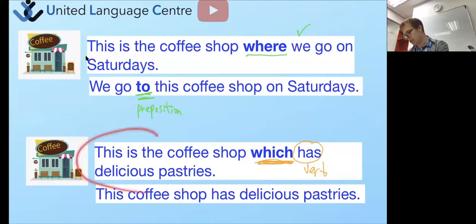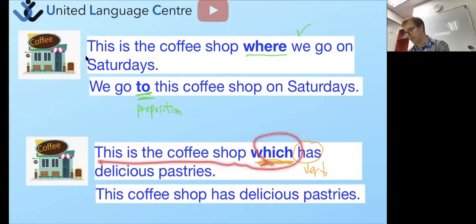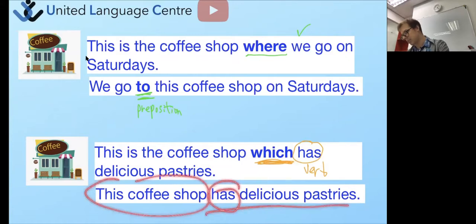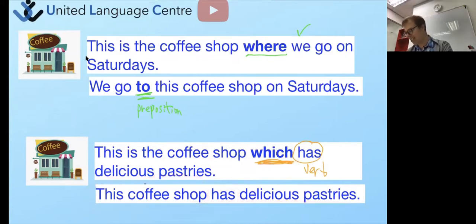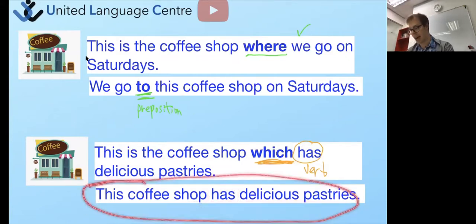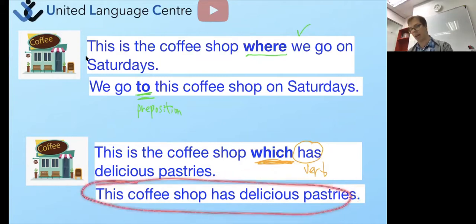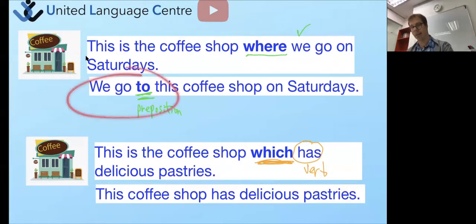If I change this to an easier version, this is the coffee shop which has. I can change it to this coffee shop has delicious pastries. This one, I don't need an at, I don't need an in, I don't need an on, a to, whatever, right? No preposition if I change the sentence, compared to the where we have that preposition.